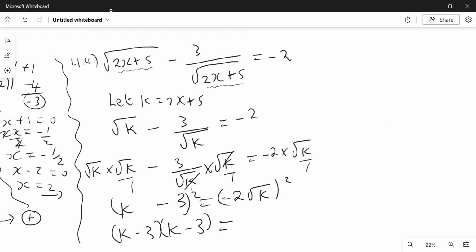Here I have negative 2 square root K, so I must distribute the exponent 2. When we square negative 2, we get 4. But when we square root K, the square root and the square cancel. Now we're left with K.